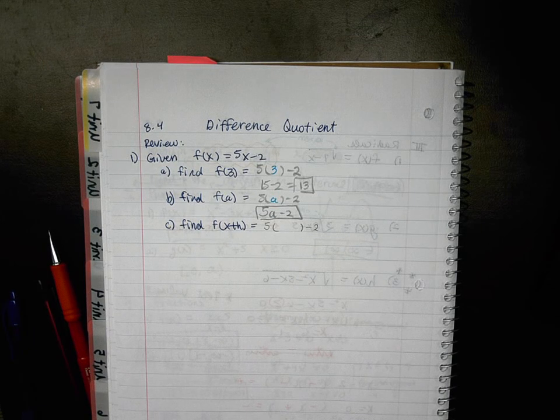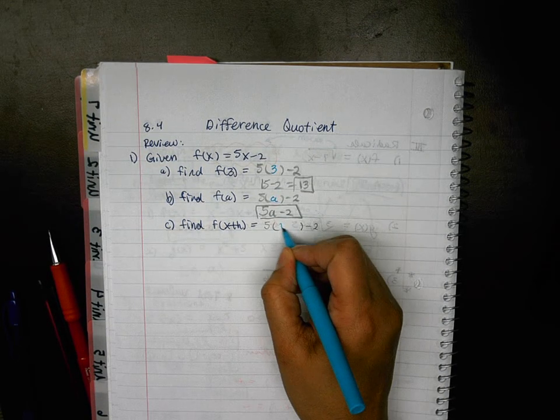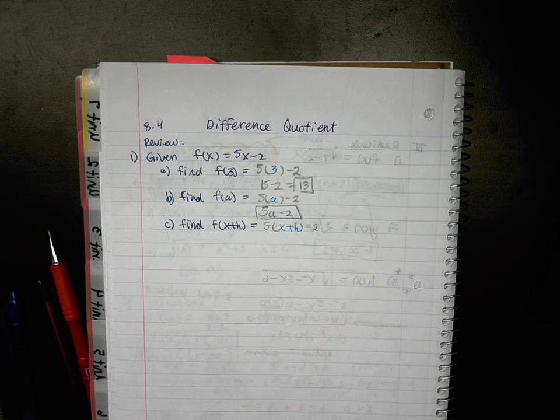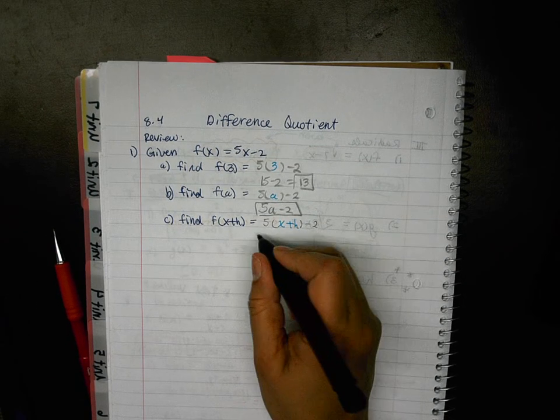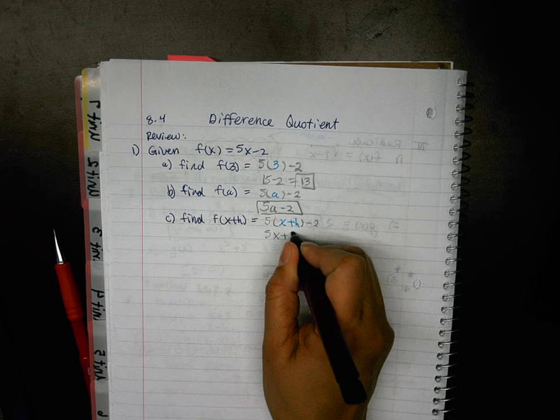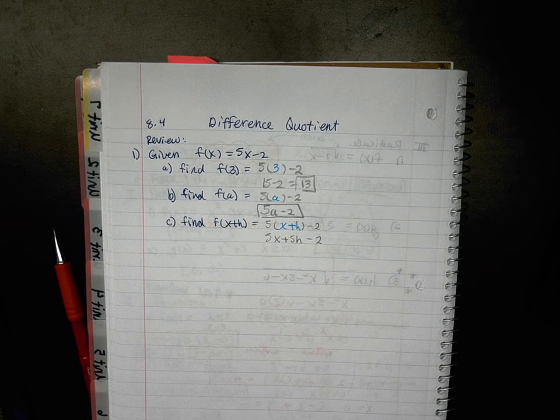And this time what goes into the blank where the x used to be? X plus h. Distribute your 5: 5x plus 5h, minus 2. Any like terms? All right, then that there is your answer. Questions? All right.